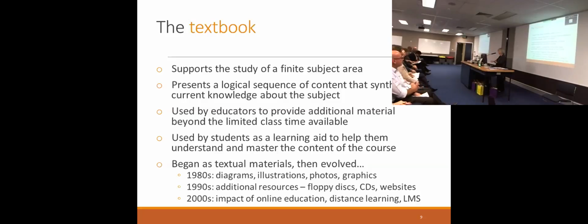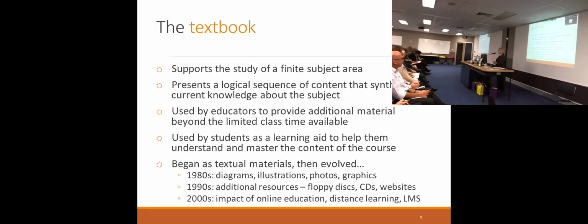It's used by lecturers to have further reading, to expand on topics where there's not enough time in the semester to do so, to enrich the materials, and then to provide further explanatory material for students to enrich their understanding of a topic. So as a textbook, obviously, it started out as text. Then in the 1980s, it became a little bit more visual, with illustrations and some photos and graphics.